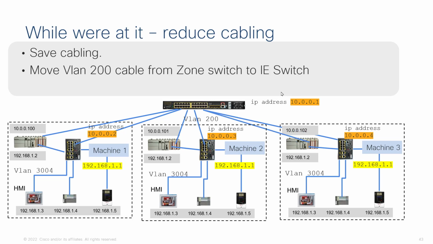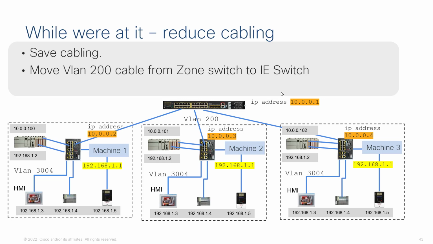So one thing you could do if you were to do something like this, and I say, hey, I've got 2 cables coming out of my machine, I don't need to do that. So I could remove the cable from the controller and instead connect the cable to the IE switch.